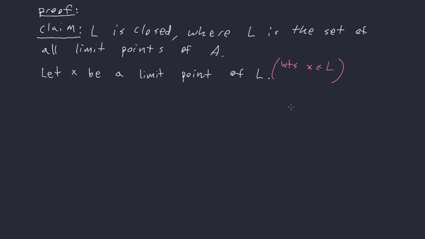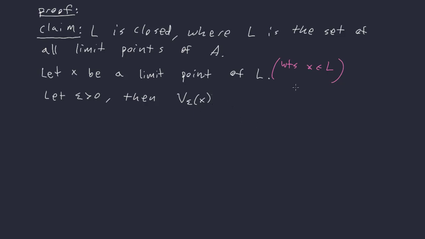So if X is a limit point of L, then I'm going to let epsilon be greater than 0, and this tells me that the epsilon neighborhood around X intersects L at some other point than X. So here I'm just employing the definition of limit point, right?